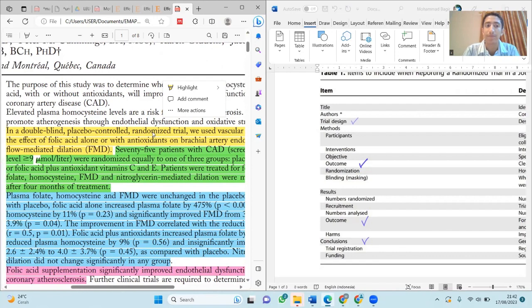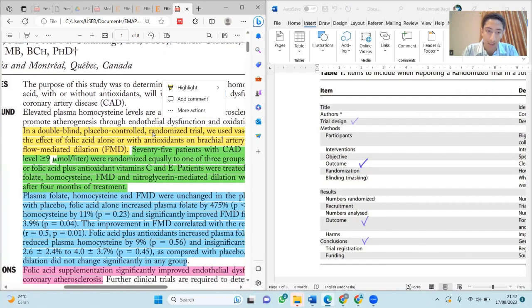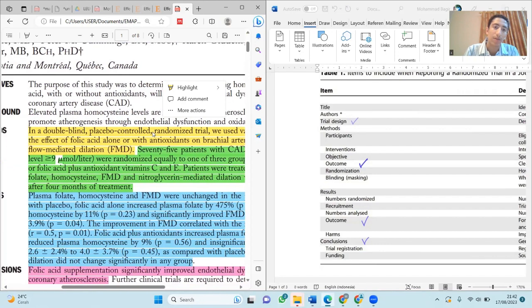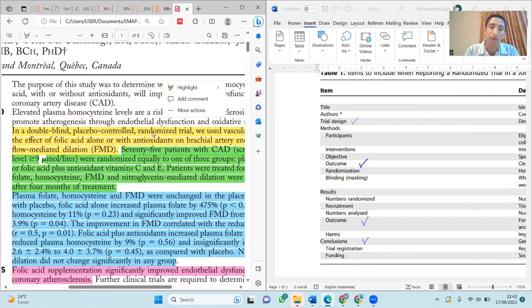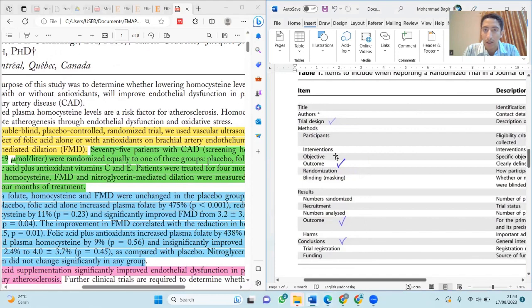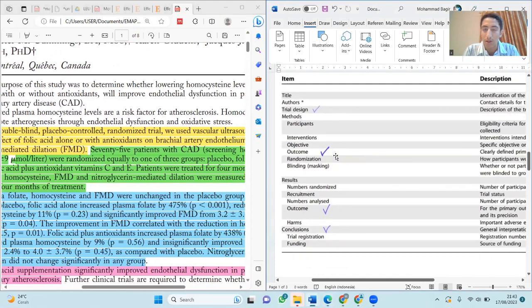So it is the trial design, but it's not specific. The trial design in this article is general, not specific.